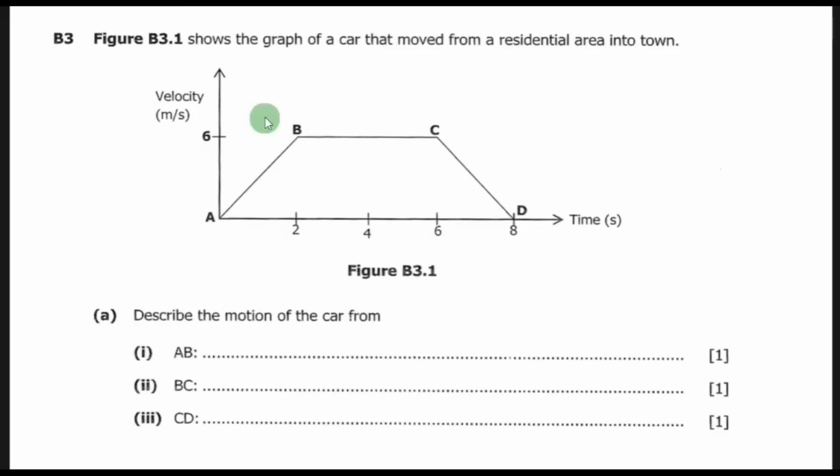So AB. Just as I said, if you have a velocity-time graph like that, an upward straight line represents an increase in velocity, or constant acceleration. So AB stands for the car has constant acceleration.